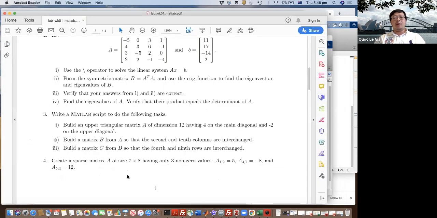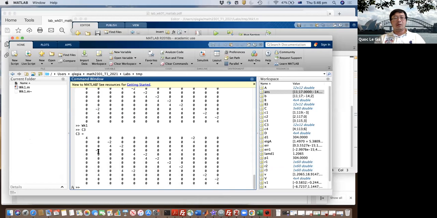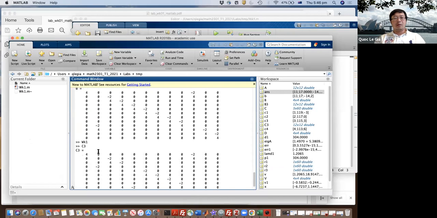So the 4th and the 9th rows are interchanged. One, two, three, four.